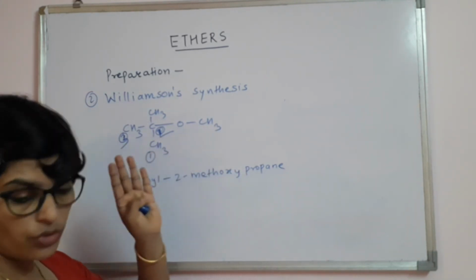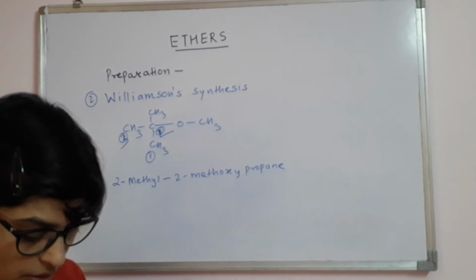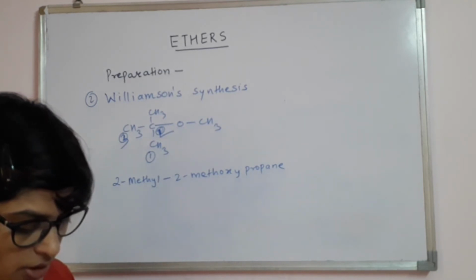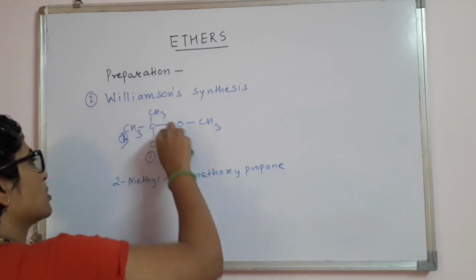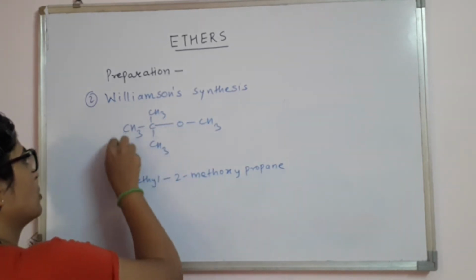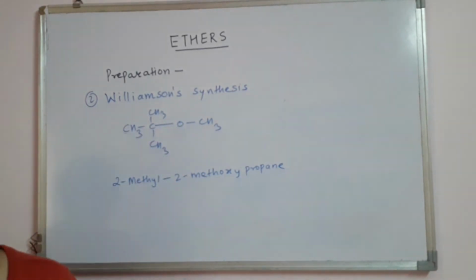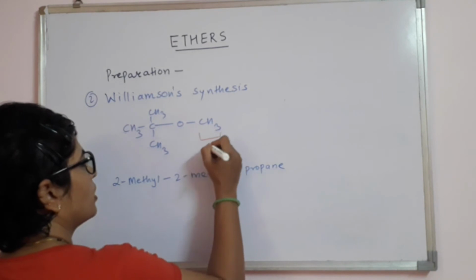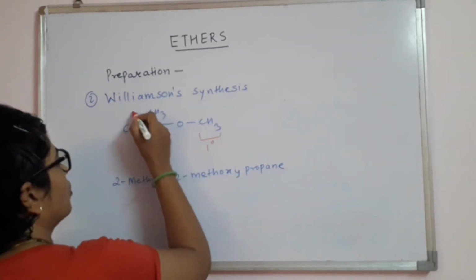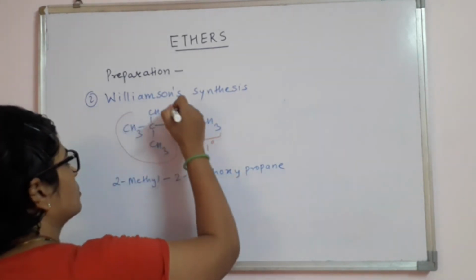but we'll see how to prepare this compound. You have to look at the structure and understand what kind of compound this is. Is it a symmetrical or an unsymmetrical ether? Let me remove this numbering now. If you look at the structure, it is an unsymmetrical ether because we have a primary alkyl group and a tertiary alkyl group.